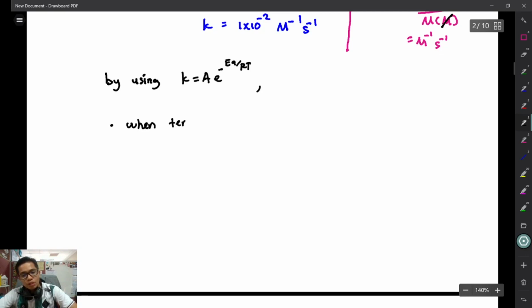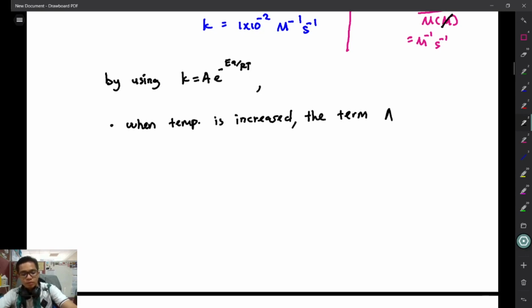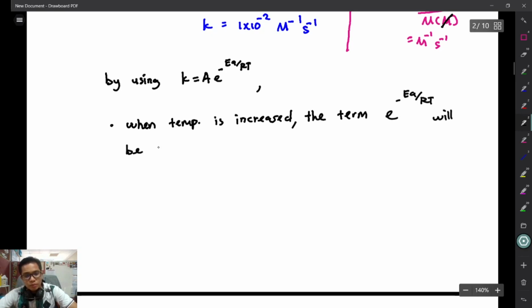When temperature is increased, the term, the power of Ea over RT, will be larger.